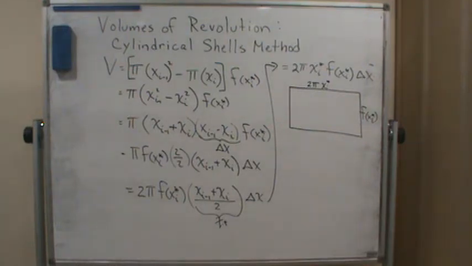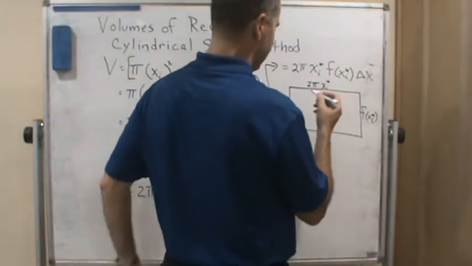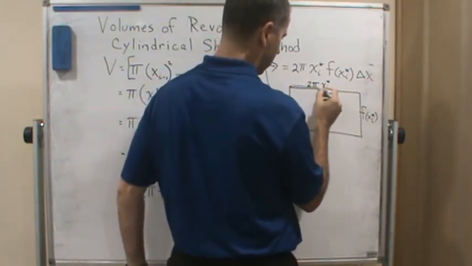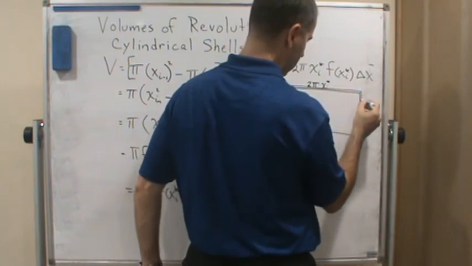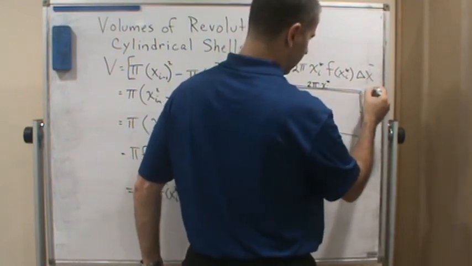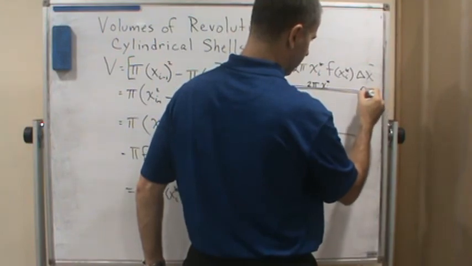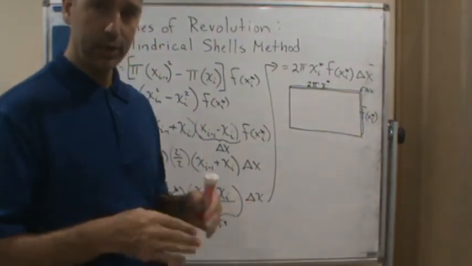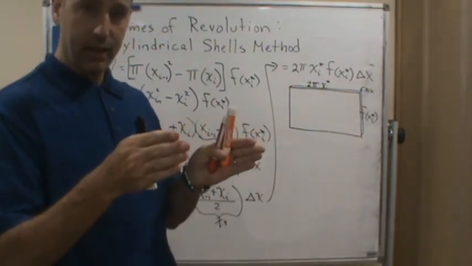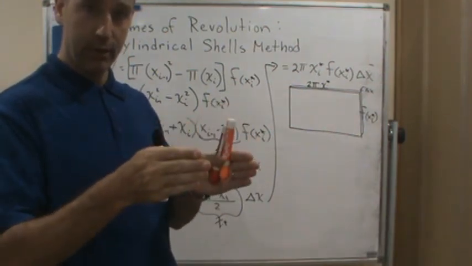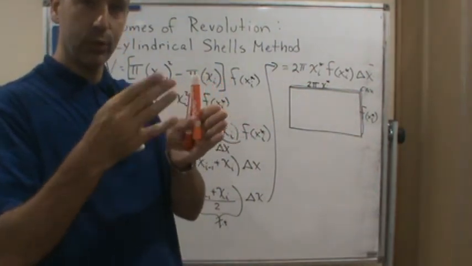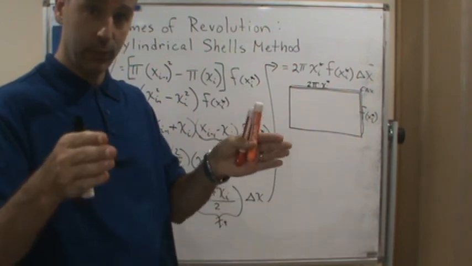And delta x just measures the thickness of the shell. But again, as we go to integrals, we're going to take the limit as the number of subintervals goes to infinity, so that each subinterval gets smaller and smaller on the interval from a to b.